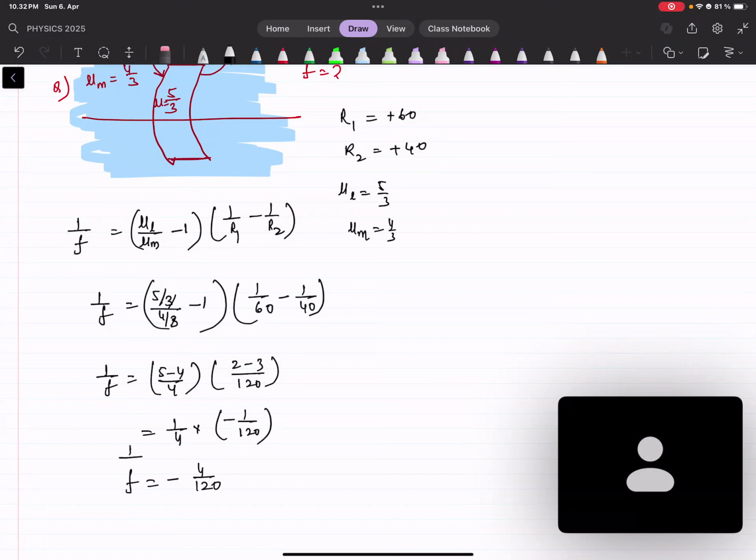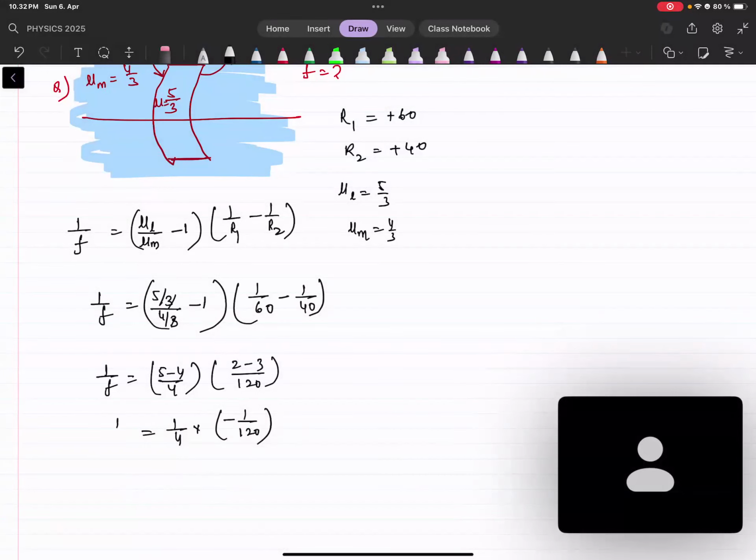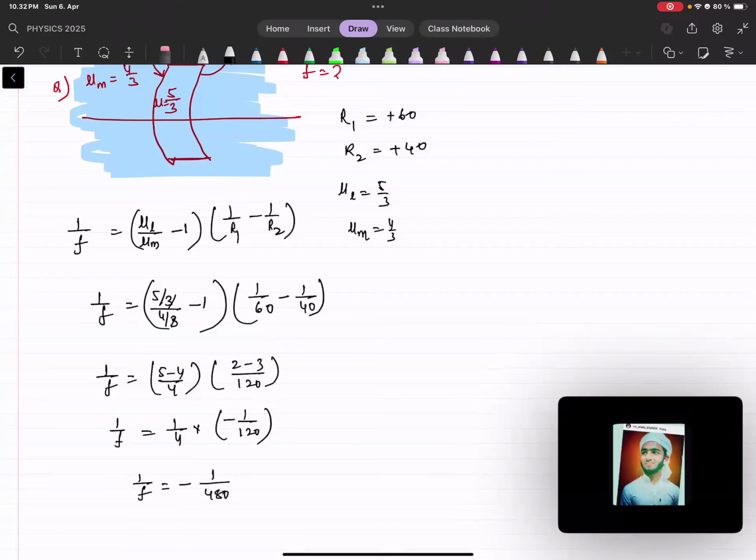This is 1 by F, not F. Okay, this is 1 by F. So 1 by F is equal to minus of 1 by 480. So focal length F will be equal to minus 480 centimeters.